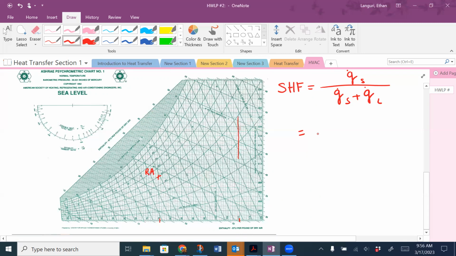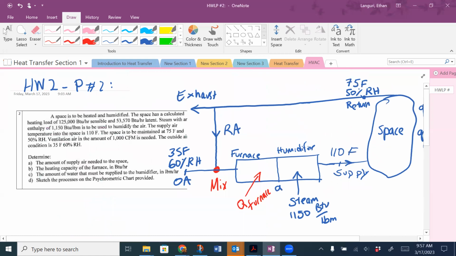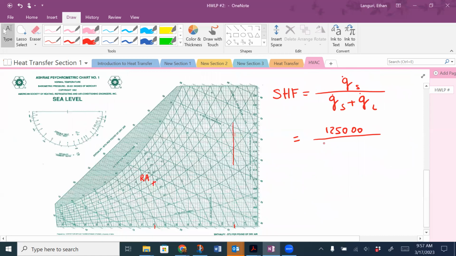So my sensible heat factor is 125,000 BTU per hour over a total of 125,000 plus 53,570, which gives me, I believe, 178,570.